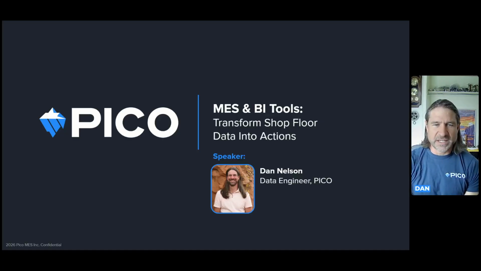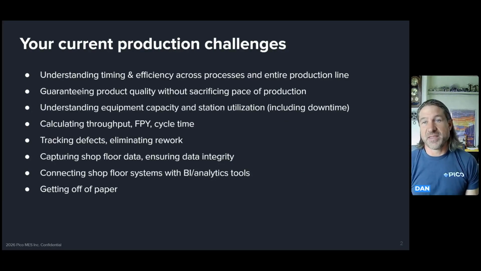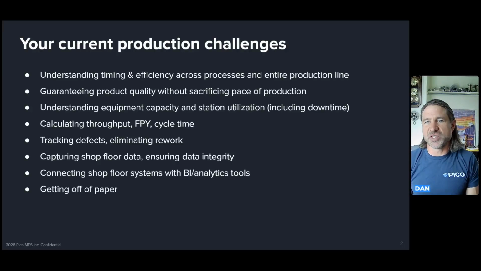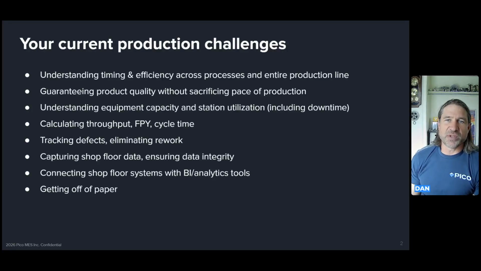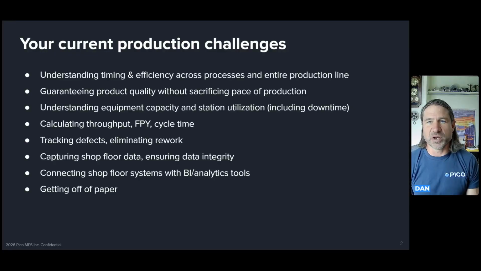So, getting into it, some of the challenges happening on production floors are being able to understand timing and efficiency. How efficient are the processes? How smoothly are things rolling at each station or with each operator across the entire production line? Having access to data is not always the easiest.